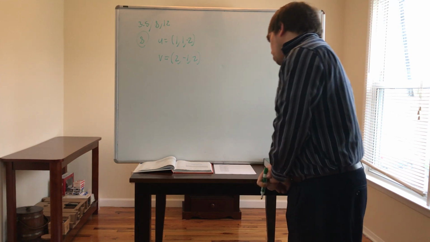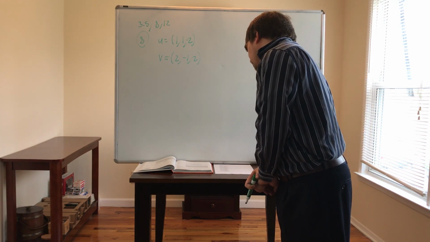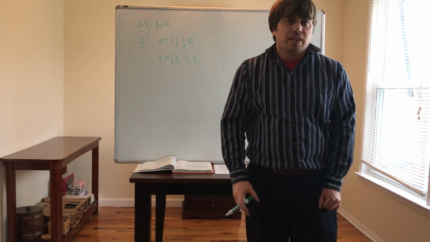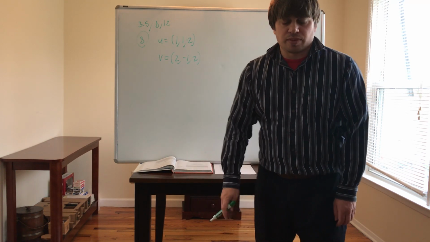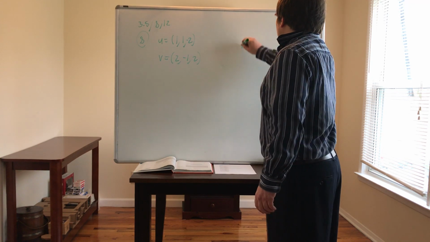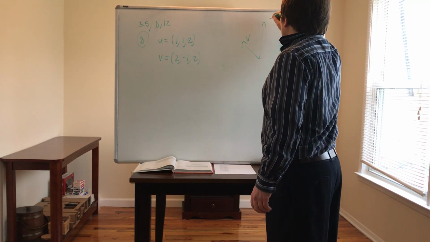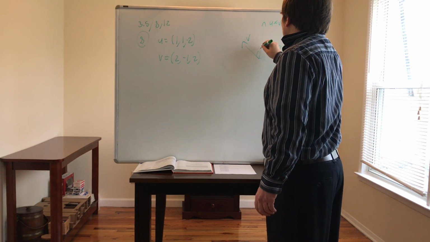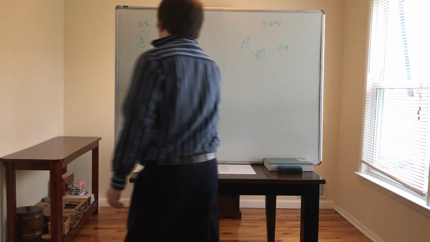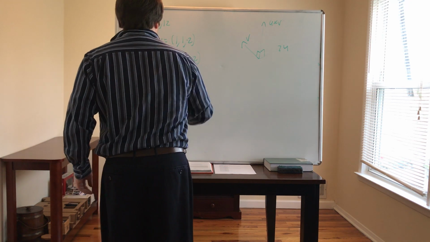We're going to use the cross product to find a vector orthogonal to both u and v. If you find the cross product of two vectors, it's orthogonal to both of those vectors. If you have a vector u and a vector v, when you take their cross product, you get another vector u cross v, which is orthogonal to both of those original vectors. So that's what we're going to do: find u cross v.